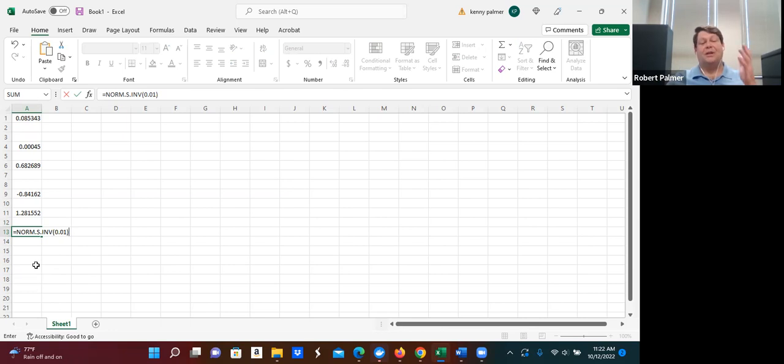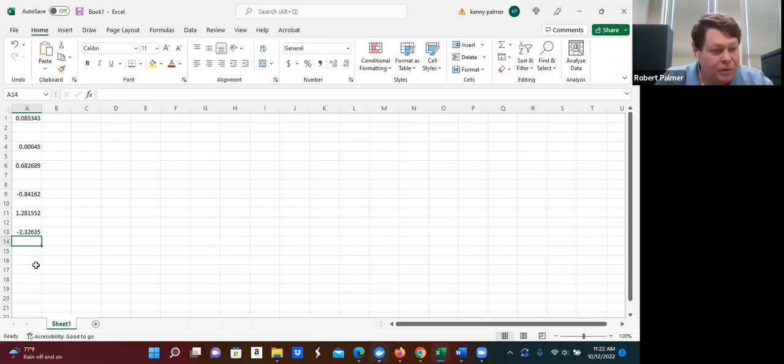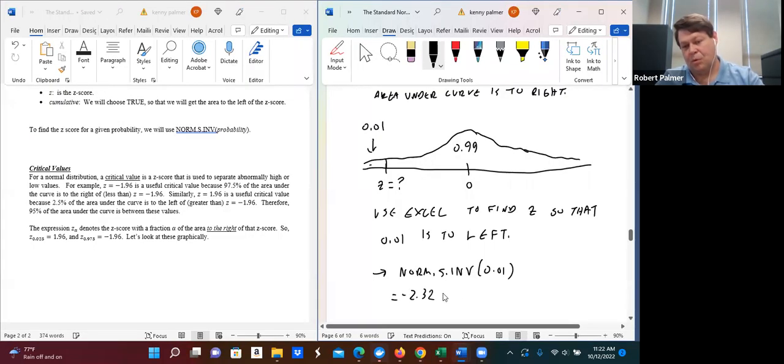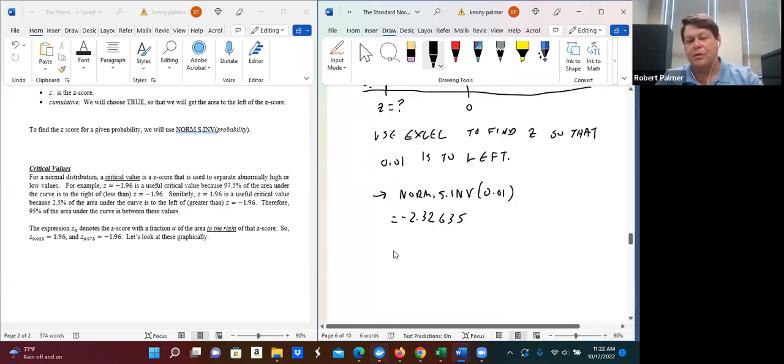If you did 0.99, that would give you the place where 99% is to the left, and that's not what you want. 0.01 is going to give negative 2.32635, or to 2 decimal places, approximately negative 2.33. So for this critical value, z of 0.99 is approximately negative 2.33.